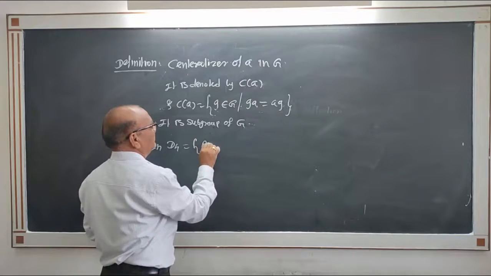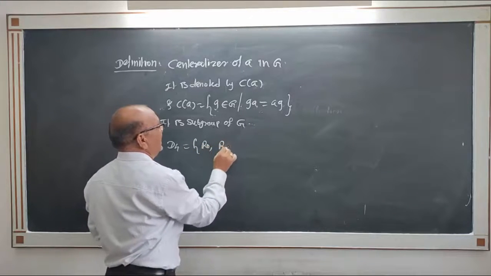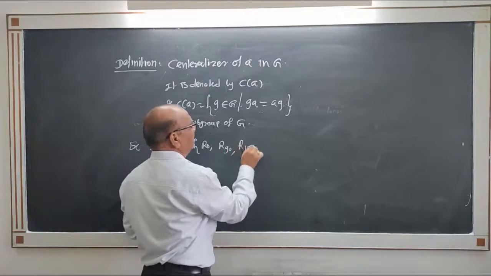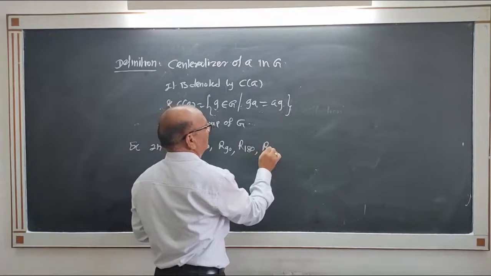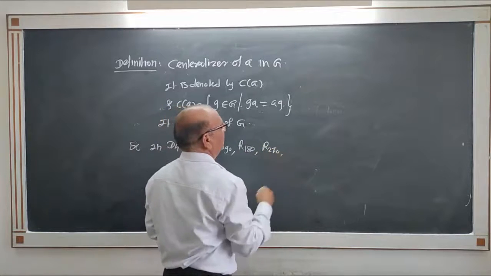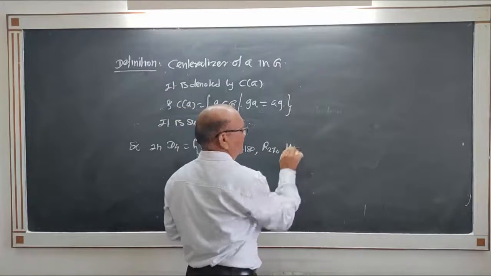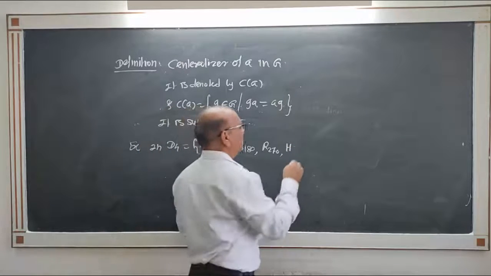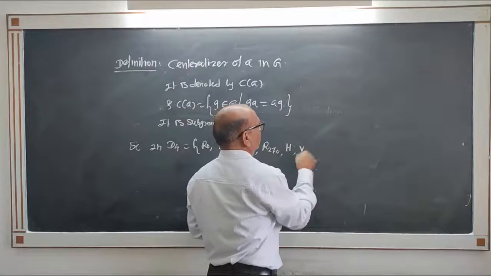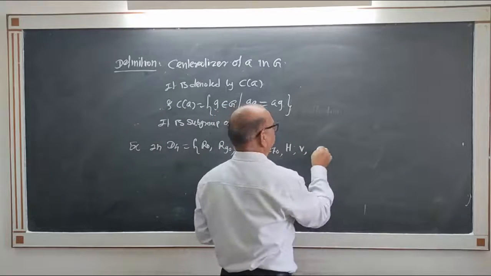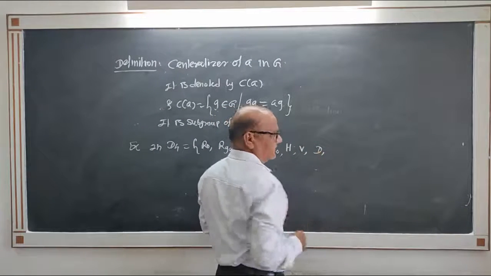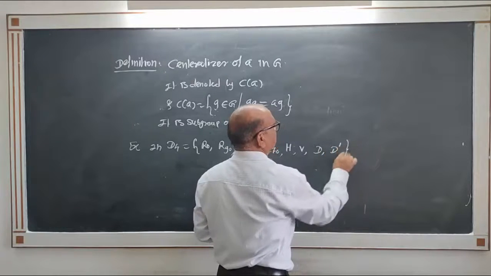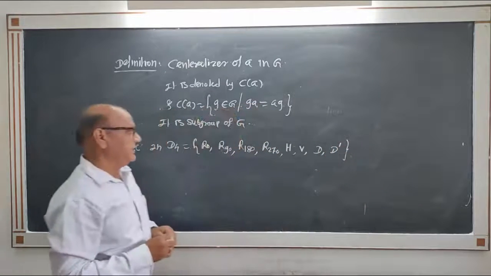R0, R90, that means rotations, R180, R270 degree, then horizontal reflection, vertical reflection, main diagonal reflection, and the other diagonal reflection.